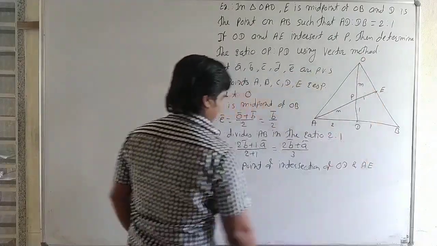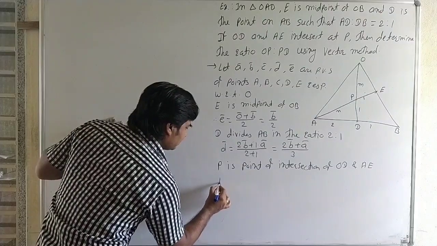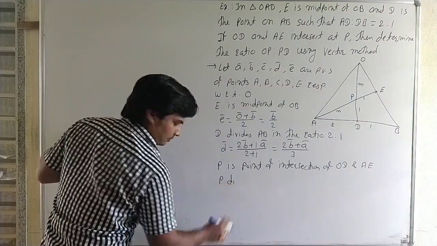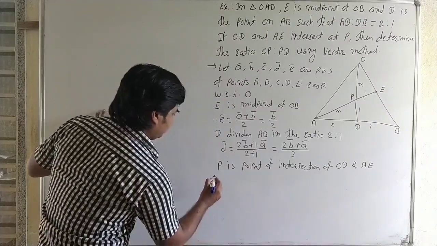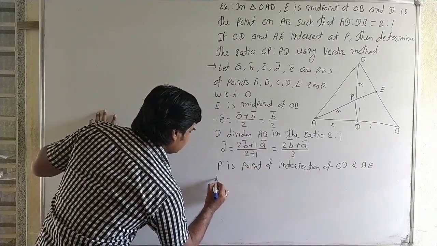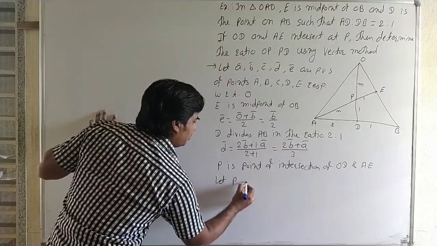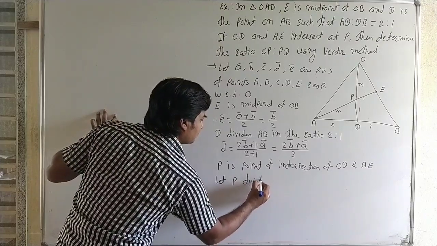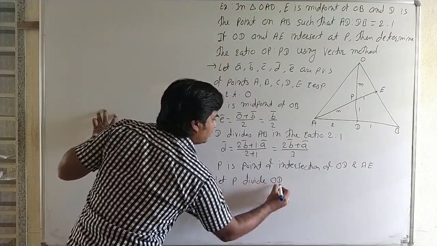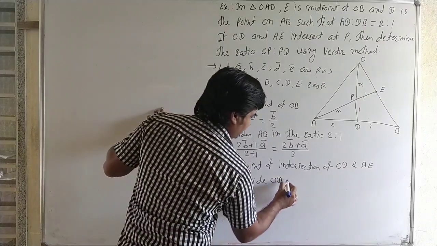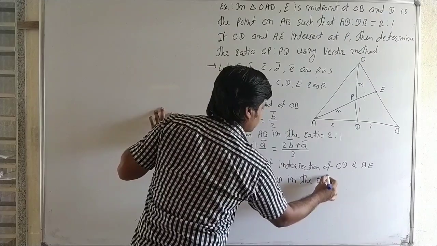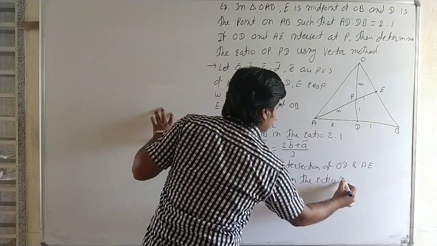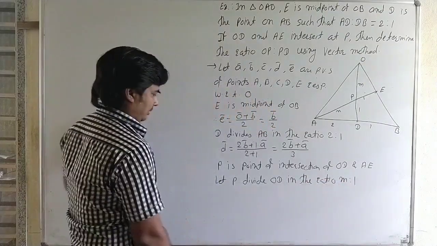Therefore P divides OD in the ratio m is to 1.